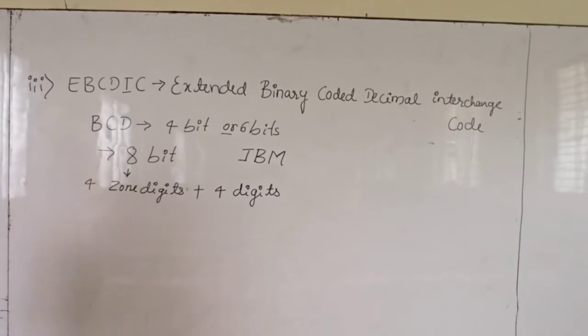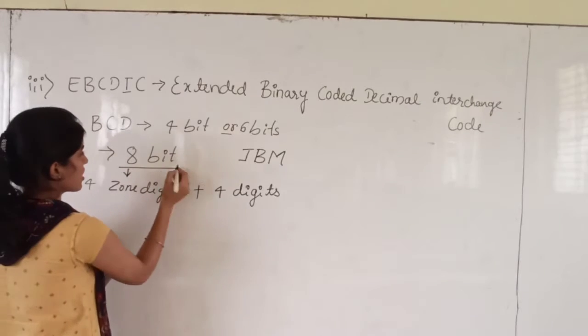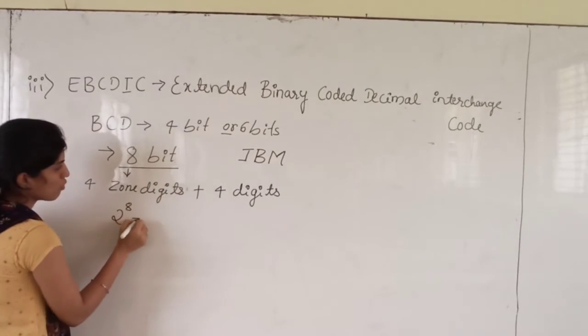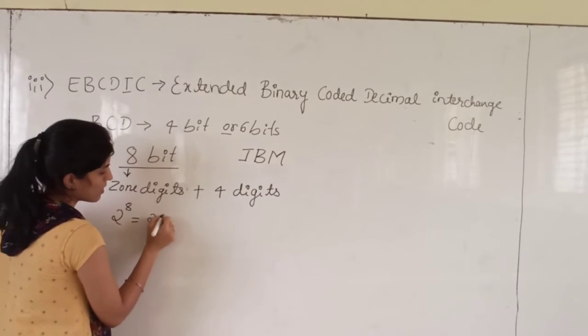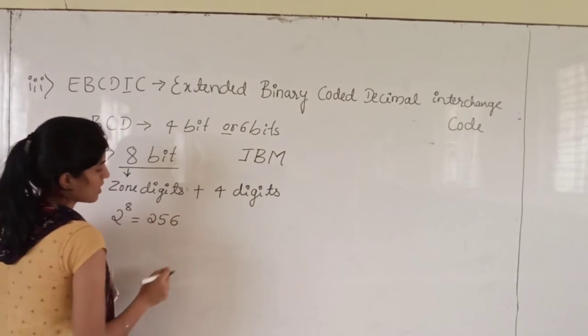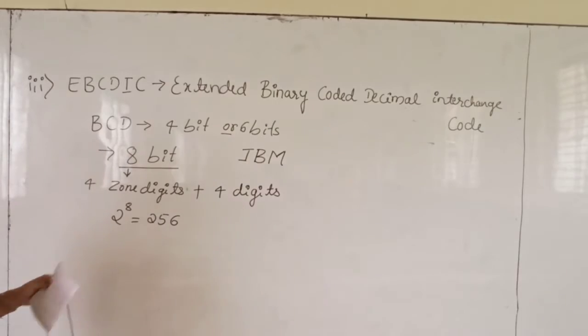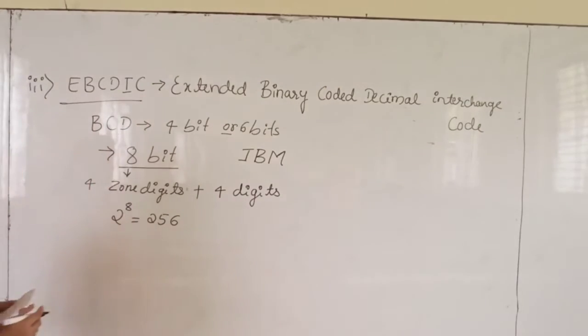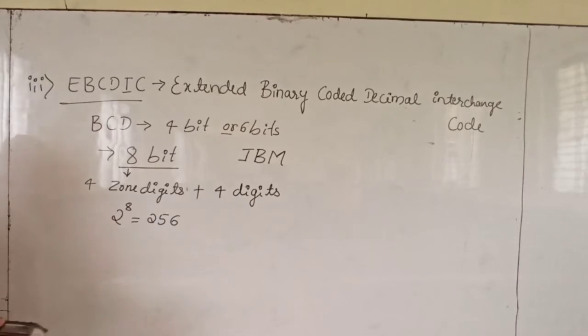Hence mainframe computers use the 8-bit code representation. The total combination of characters becomes 2^8, meaning 256 possibilities are available for representing a character in EBCDIC codes. This is just an extension of the BCD code system.